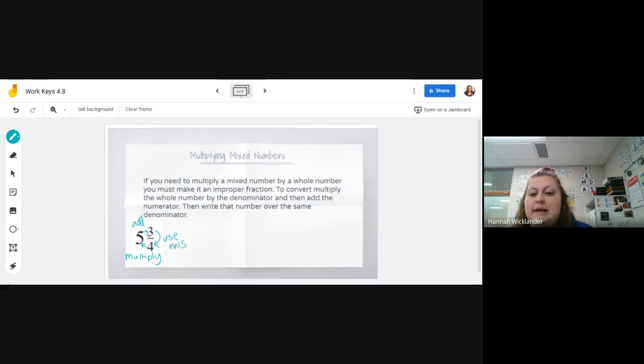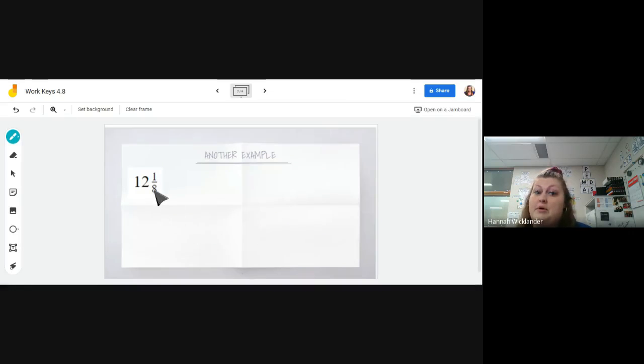So 4 times 5 gives me 20. And then I'm going to add 3, and I get 23. And then I'm going to use my old denominator of 4. So 5 3/4 is a mixed number. The improper fraction is 23/4.